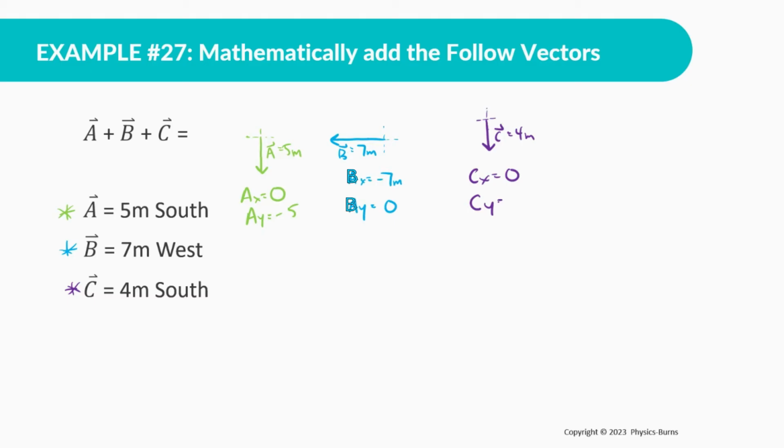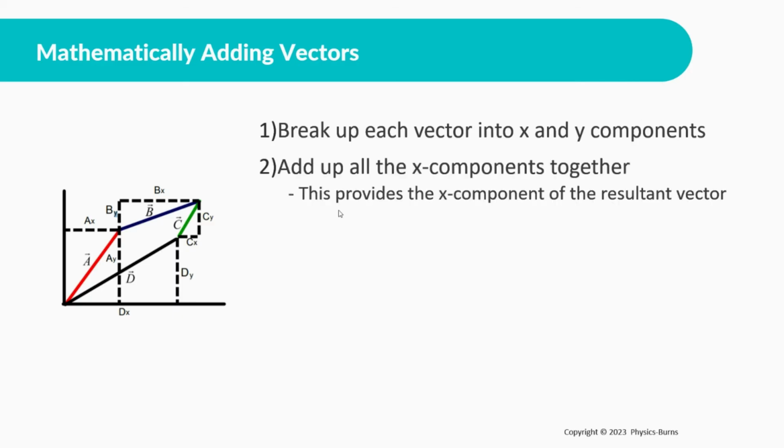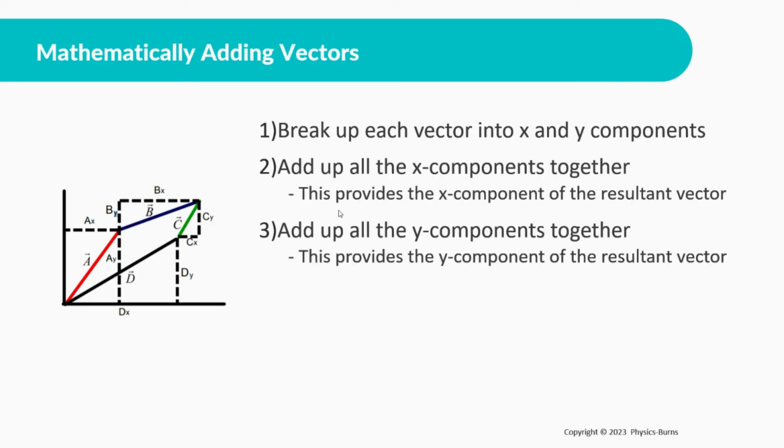C sub y is going down 4, so I'm going to put negative 4 meters. And let me change this one in blue. This should be b sub x and b sub y, so let me change that. And again, once we found the components broken into x and y, we have to add up the x's and add up the y's to find the resultant vector.